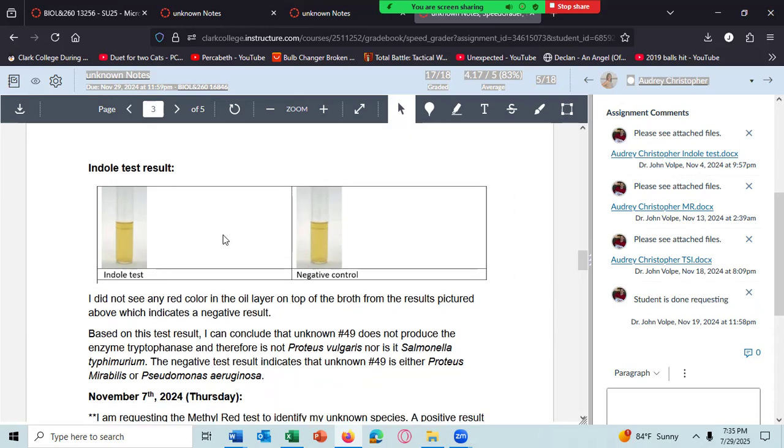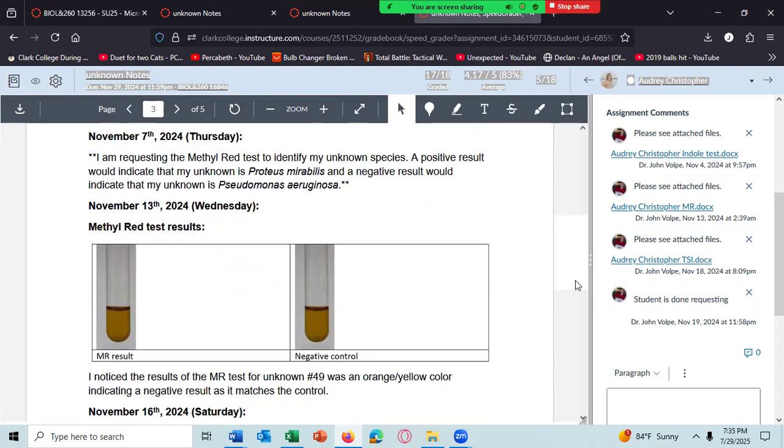And there's the results. It looks like indole negative is the interpretation, narrowing the species down to 2 species, Proteus mirabilis and Pseudomonas aeruginosa. And then they asked for one more test, methyl red test, which is also negative.